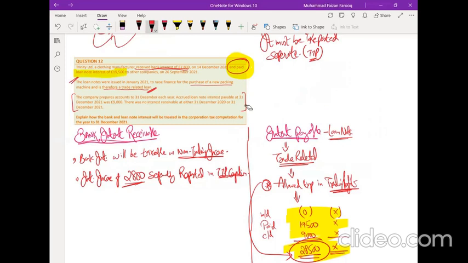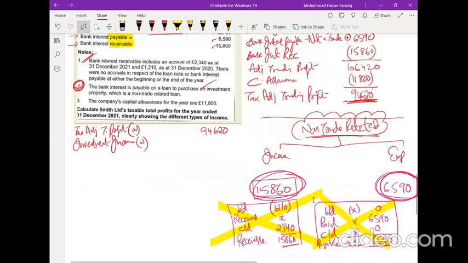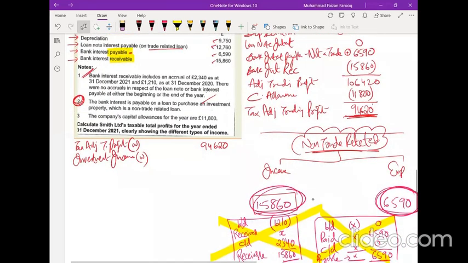Is paid. It's not the payable. What we need is the payable amount, which is the final answer of the formula. We need receivable and payable figure. If you see this question, they already provide you the receivable and payable, meaning this note number one is no need. This note one is to confuse us.